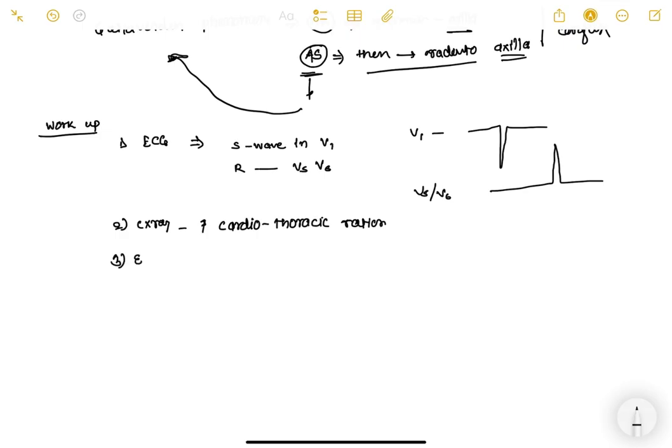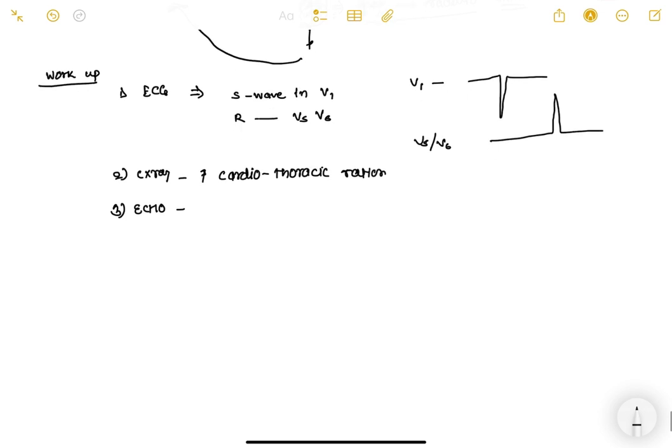What about echo? According to the size of the aortic valve, it is divided into mild, moderate, and severe AS.